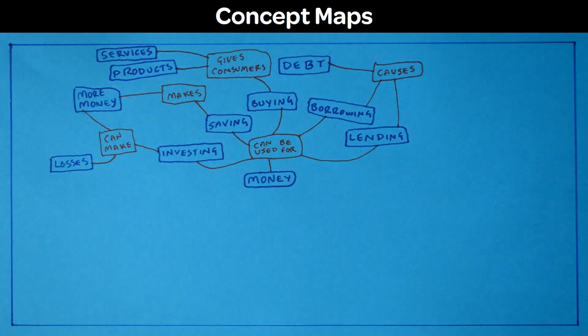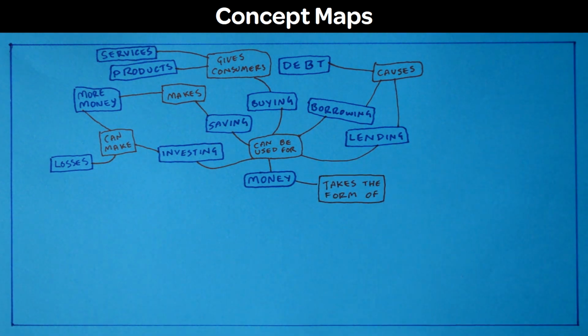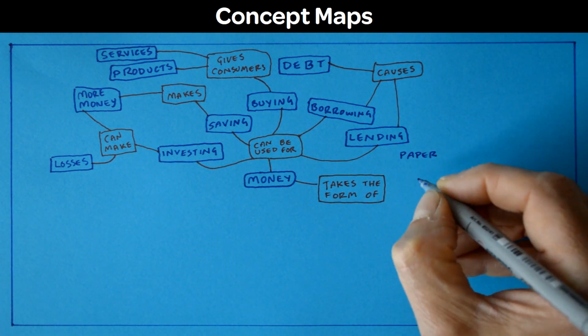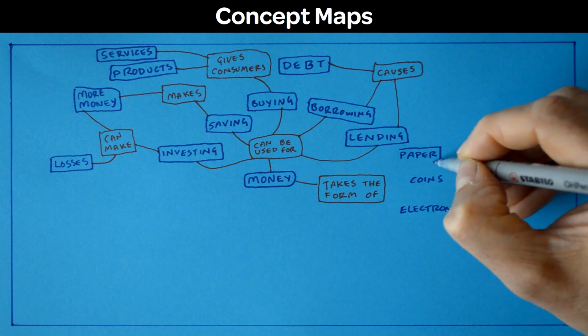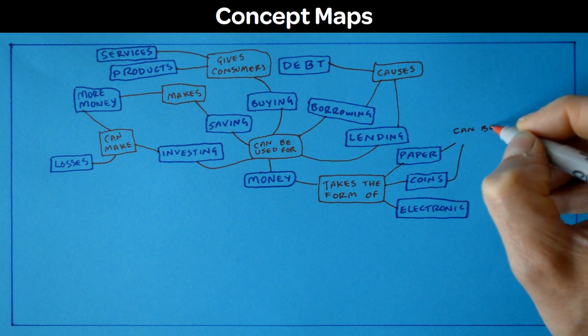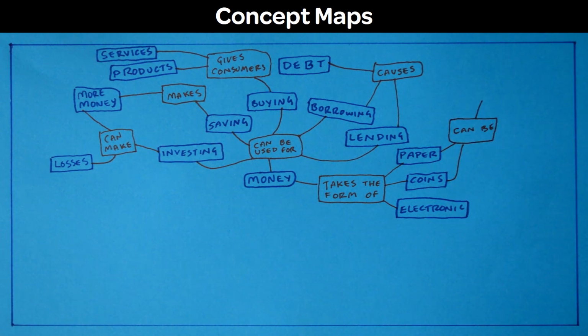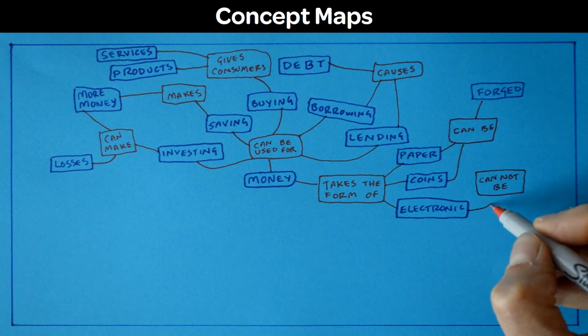Going back to our main topic, let's choose the linking phrase takes the form of, and then add paper, coins, and electronic. We can see that money takes the form of paper, coins, and electronic money. Now let's put in some differences. Physical money can be forged. Electronic money can't be forged.